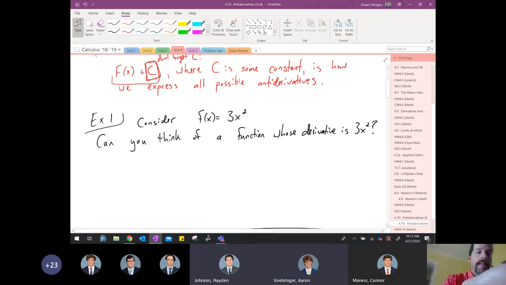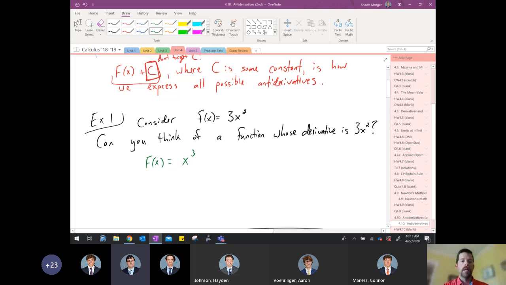That's awesome. That's a perfectly good example. Very well done, Hayden. That would be a function that, when you differentiate it, you get 3x squared. So if I said, take the derivative of x cubed, what Hayden gave us, every single one of you should be able to say, oh yeah, it's 3x squared from our power rule.